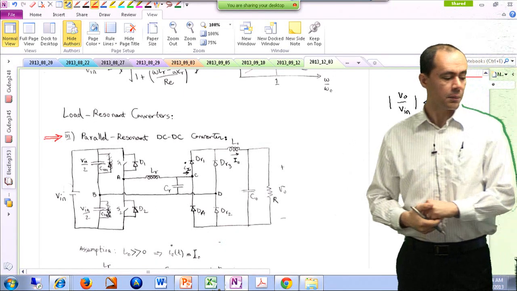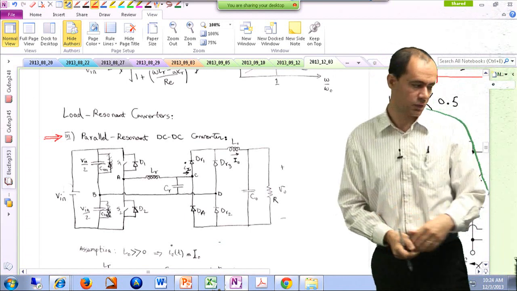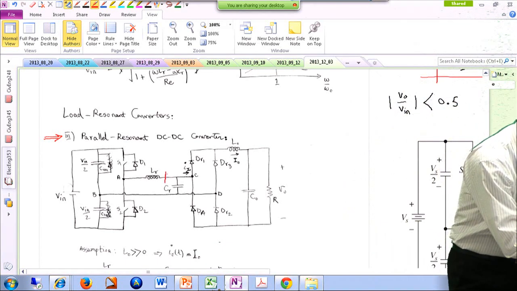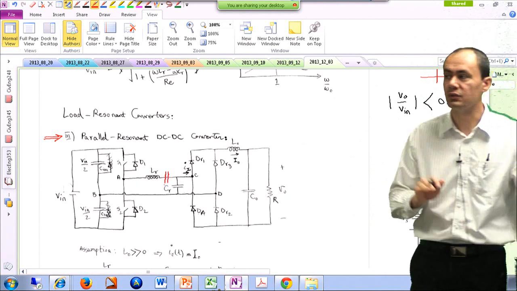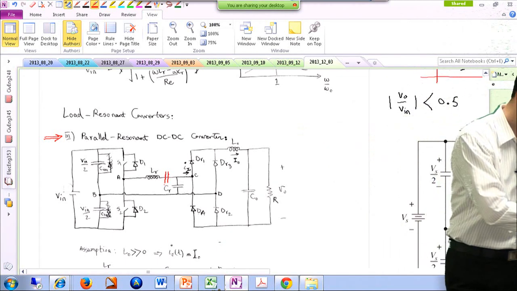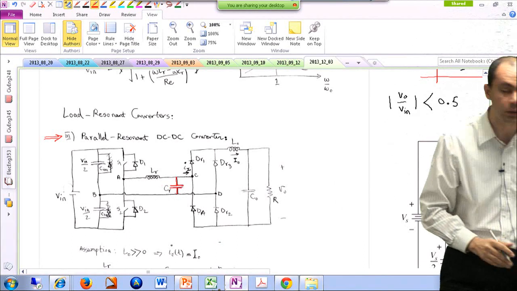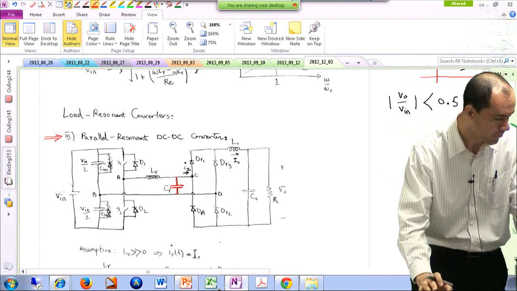This one is called a parallel resonant converter. The reason is, in the previous topology, the cap was placed in the series path of the conduction. But over here, you can see the cap is placed in the parallel path. So this is called a parallel resonant DC-DC converter.